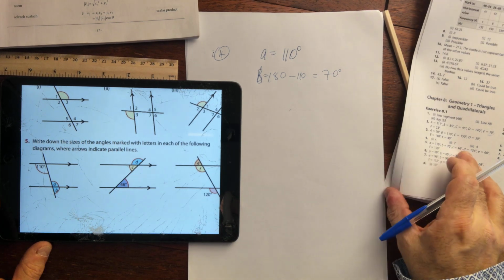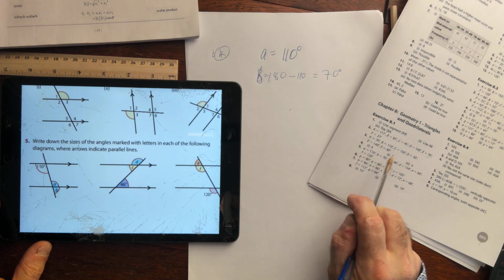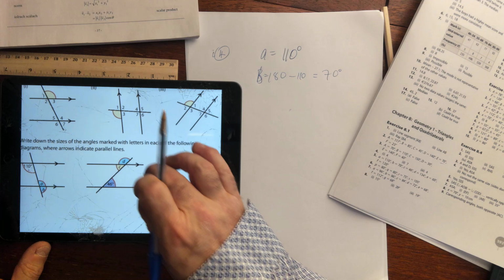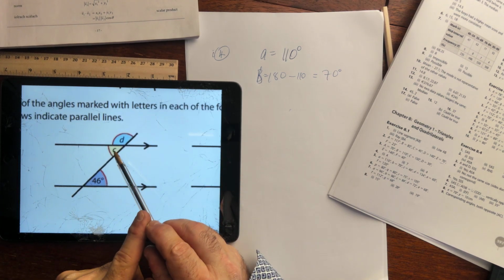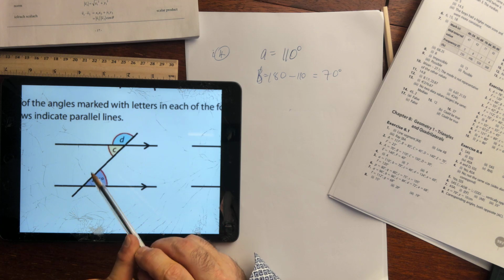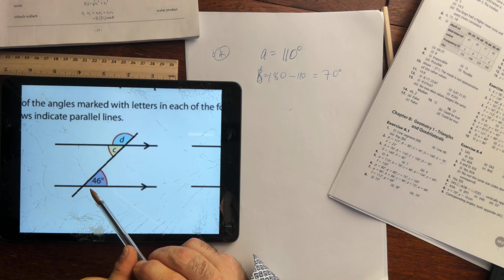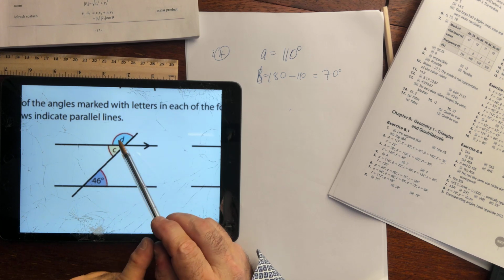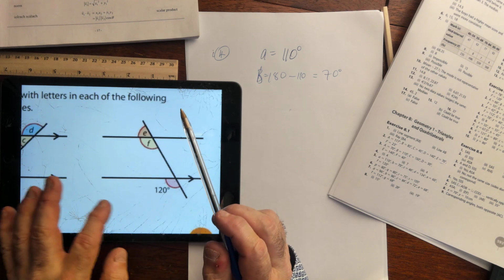Okay, we'll keep this on the side here. Question 5, 110 and 70. And on to C, and I'm just going to call these out because there's very little calculation. C is alternate, so it's 46, and D is supplementary, so it's 134. Take away 46 from 180, 134.